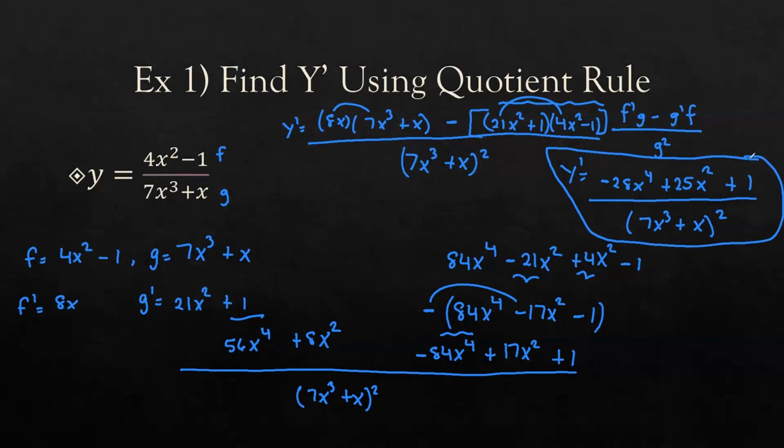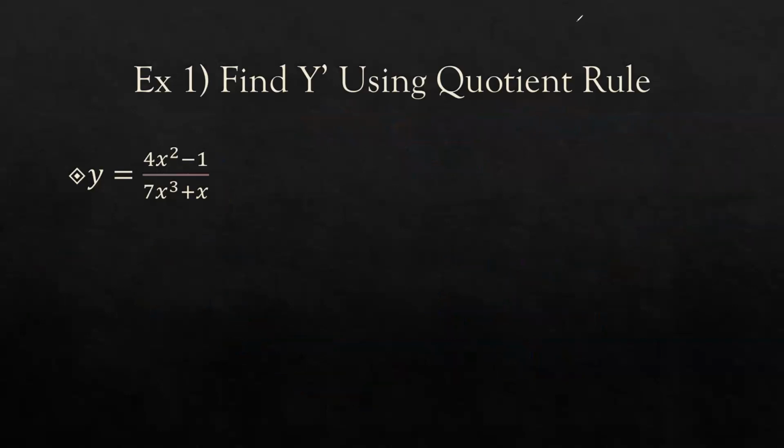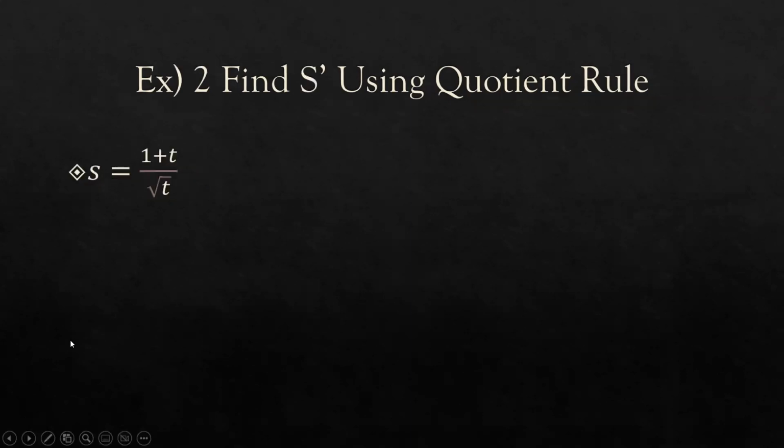That is my final answer. Let's move on to example two. Find s prime using the quotient rule. The numerator is your f, the bottom is your g.